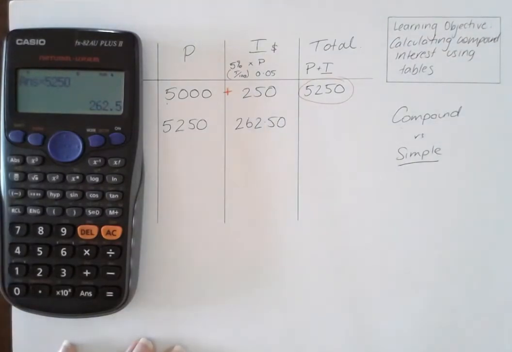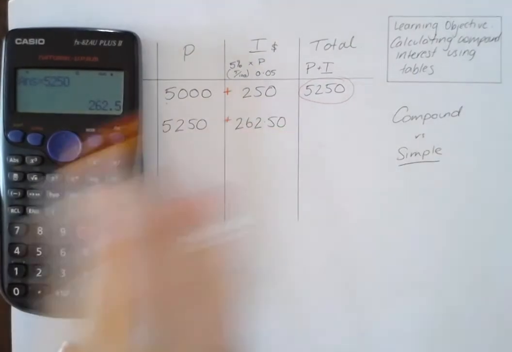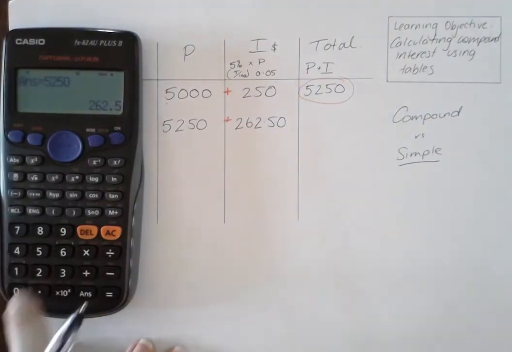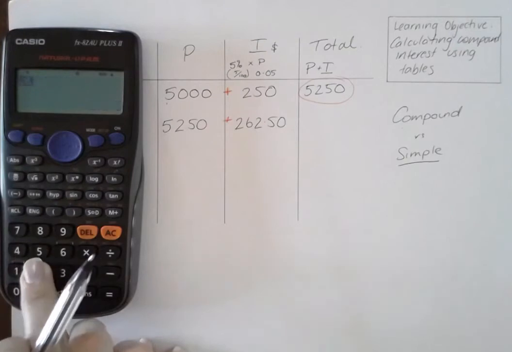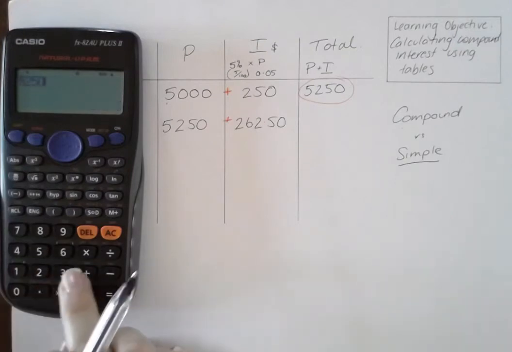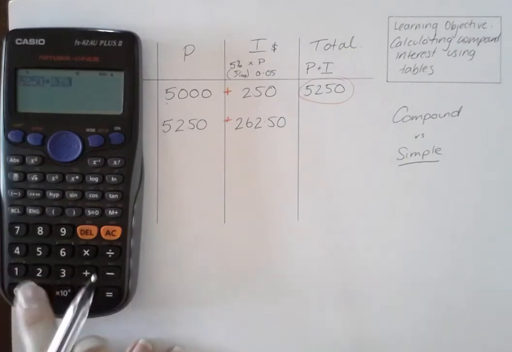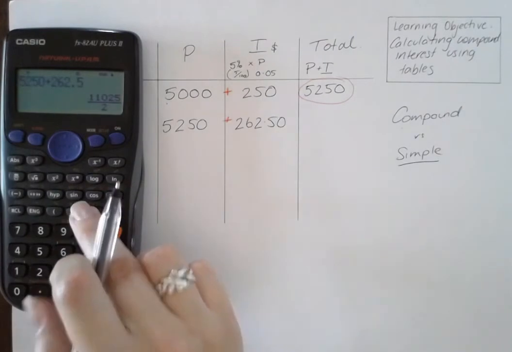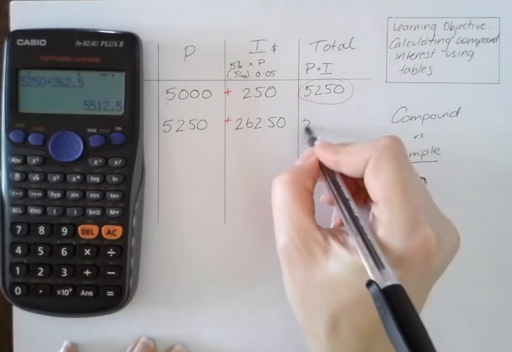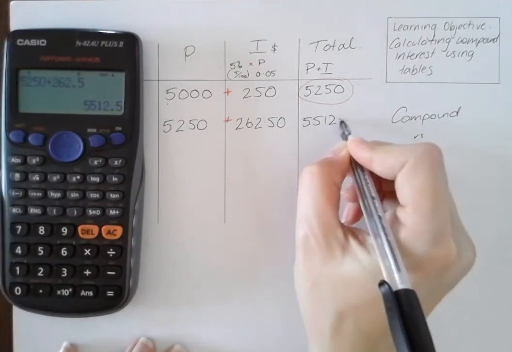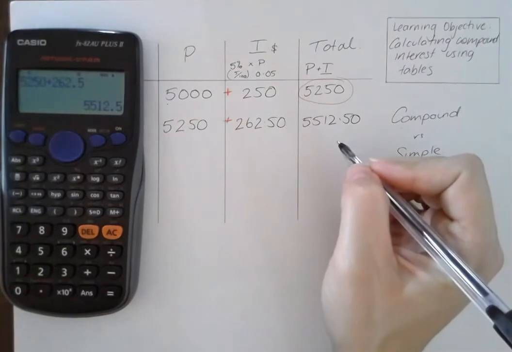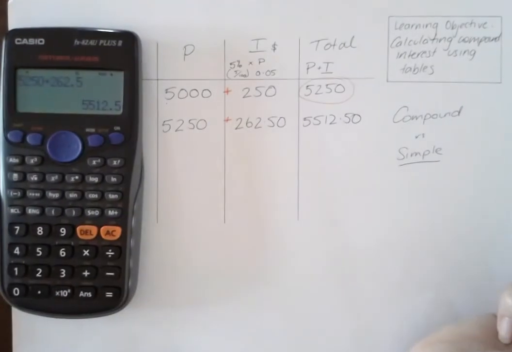That's how much interest this one is earning. Remembering that we have our little invisible plus sign sitting here, so now we have to add them together because the bank is giving us this money. So 5250 plus 262.5 will give us a value of $5,512.50. That's how much money we have sitting in that account now.